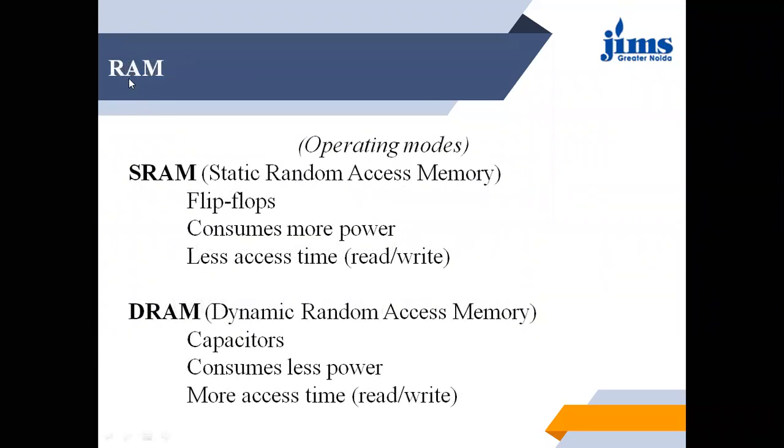When we discuss RAM, that is random access memory, we divide it on the basis of operating mode into SRAM and DRAM. SRAM is static random access memory, whereas DRAM is dynamic random access memory.